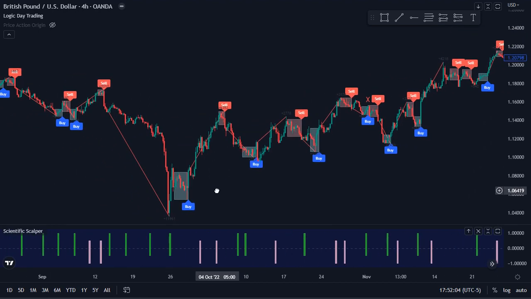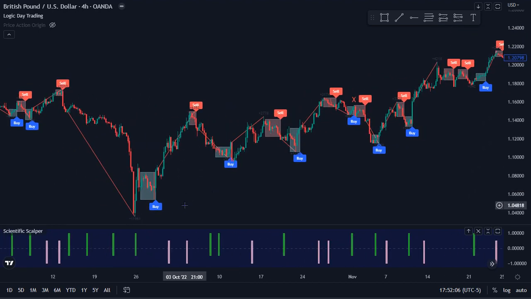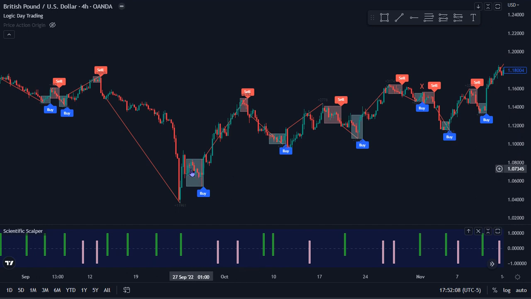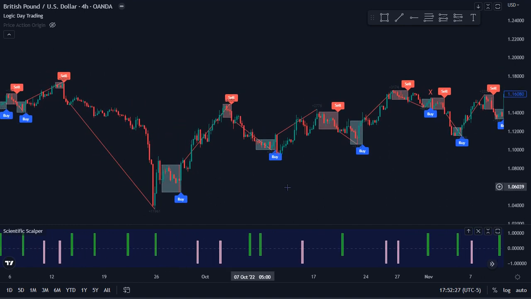So a simple thing, this one doesn't quite give it. There's an ideal one later on, but I want to start here. When we see obviously the blue background, the green buy signal, we ideally want the green bar to show up inside of the logic day trade buy zone. Okay.